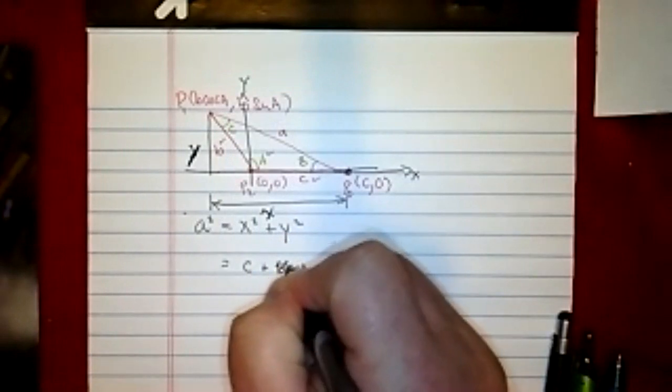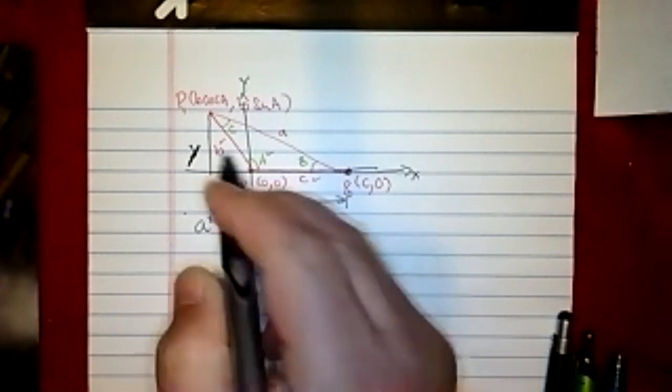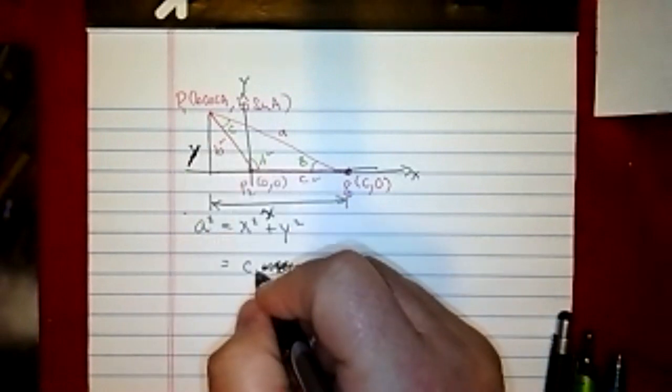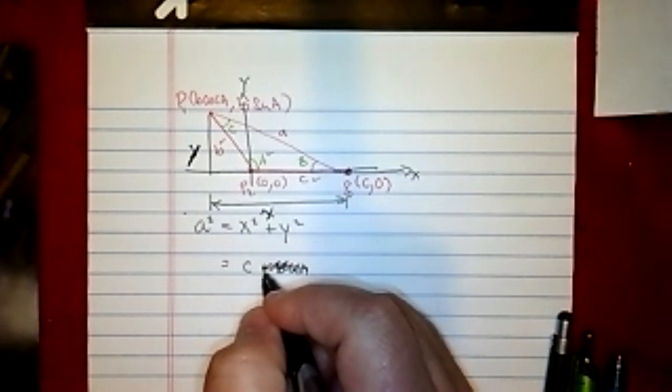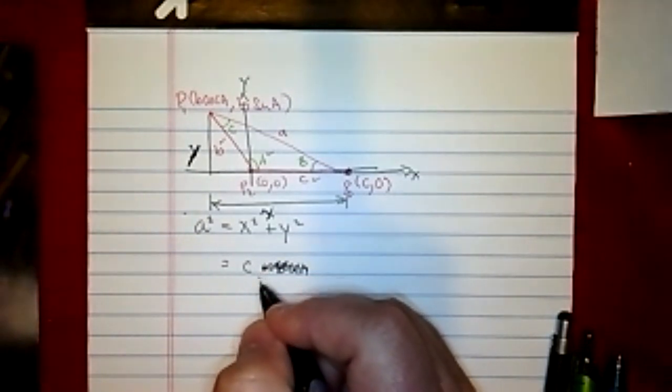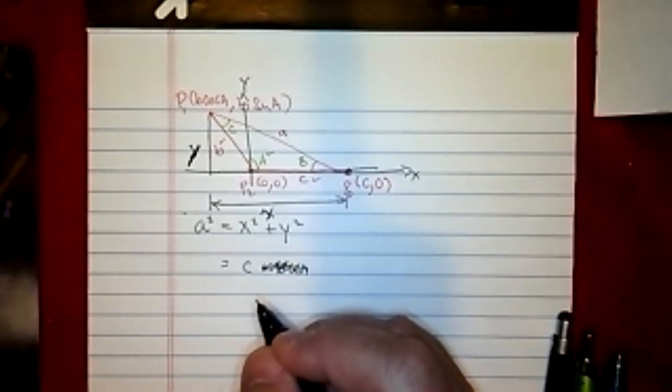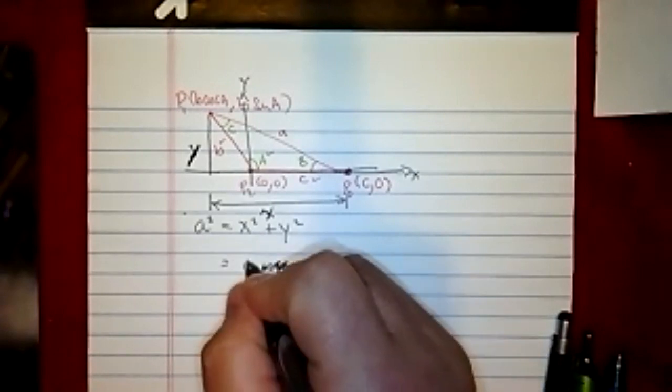And I should mention, remember, this is actually going to be a negative. So I should actually take that into consideration. It's b cosine theta minus c if you want. So let's do it that way.